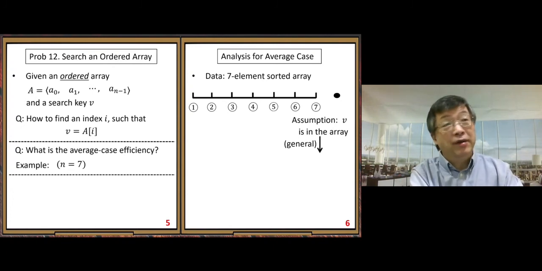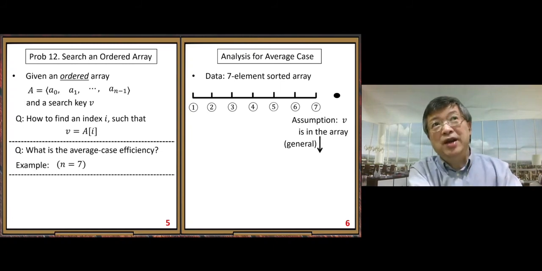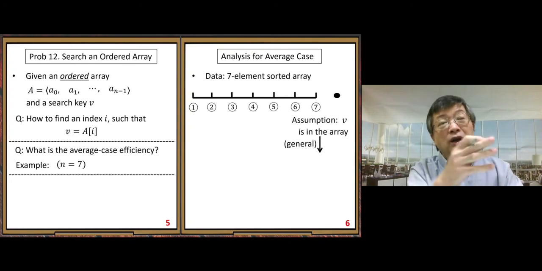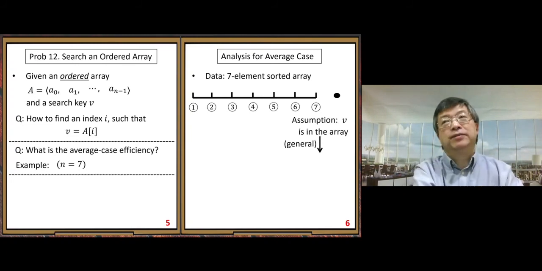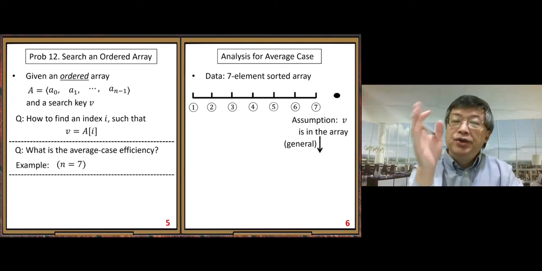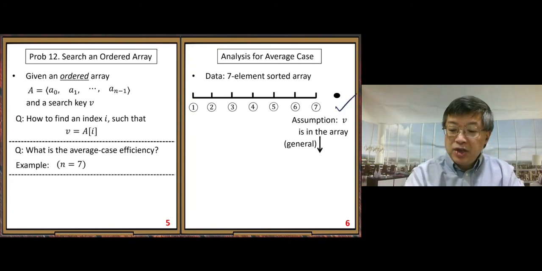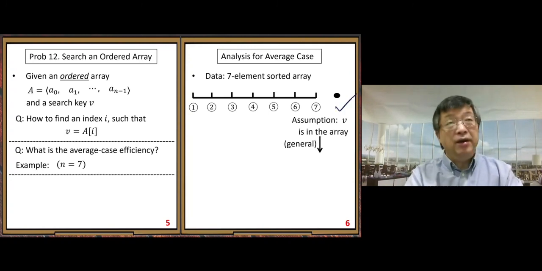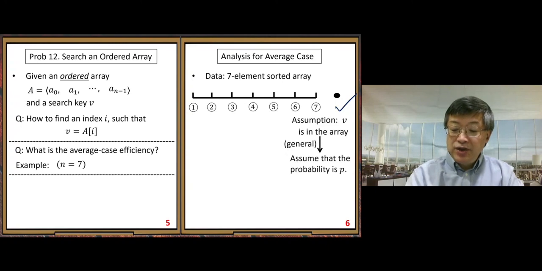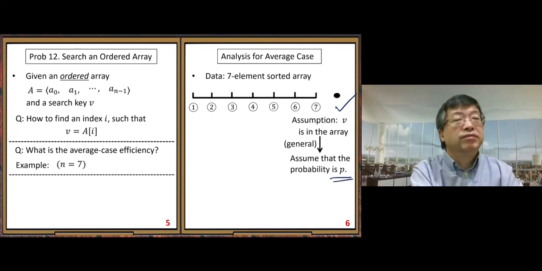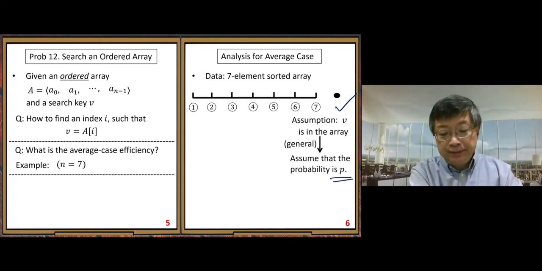Otherwise, if V is not in the array, we have the same situation as in linear search, where we need a probability P. Here, to keep our discussion as simple as possible, I make this assumption; otherwise, we need to use the probability P.